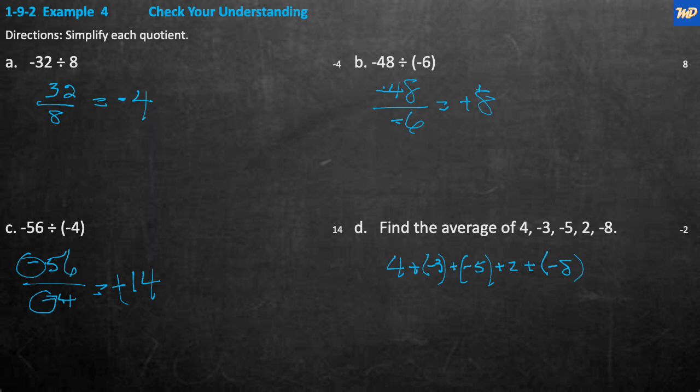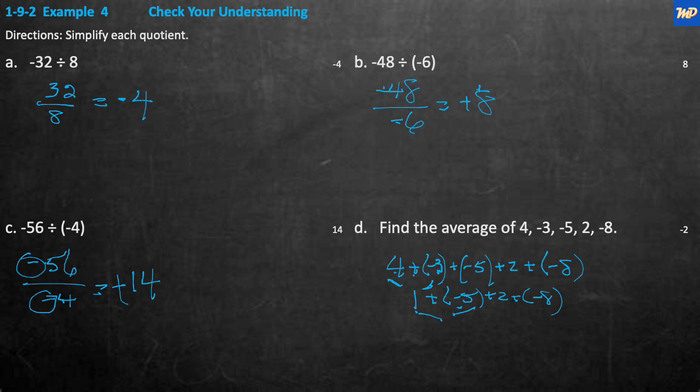Now we can group these. These two group together: 4 plus negative 3 is 1. Then I can rewrite it: plus the quantity of negative 5 plus 2, plus negative 8.